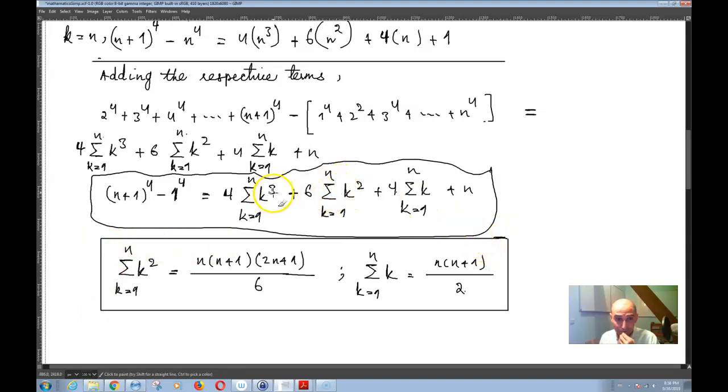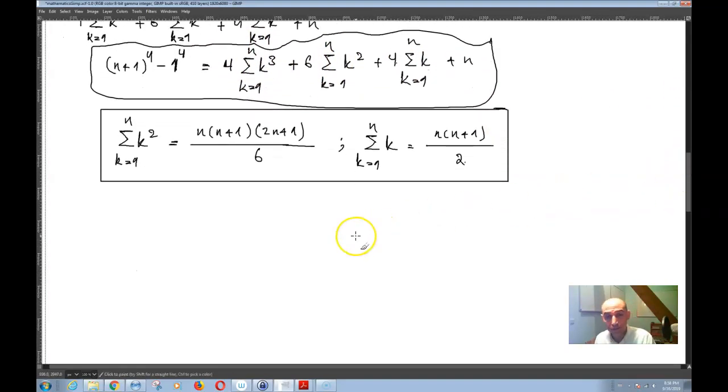So I can basically rewrite this equation.